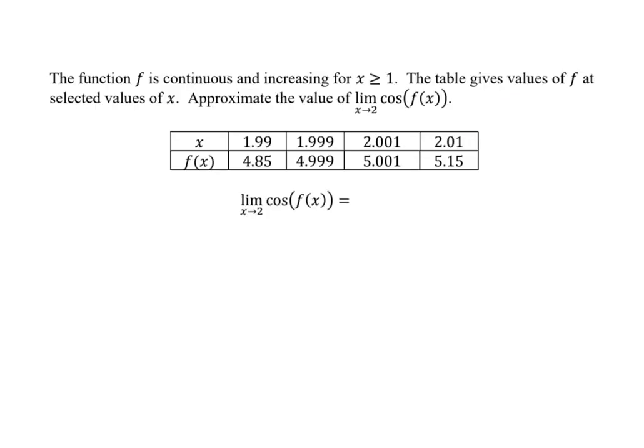Okay, last example. It starts out by saying the function f is continuous and increasing. So why is that important? If it's continuous, there's no discontinuity. There's not going to be a hole or a vertical asymptote or a jump in your graph. And when you have a continuous function with limits, you can just do a direct substitution into the function.